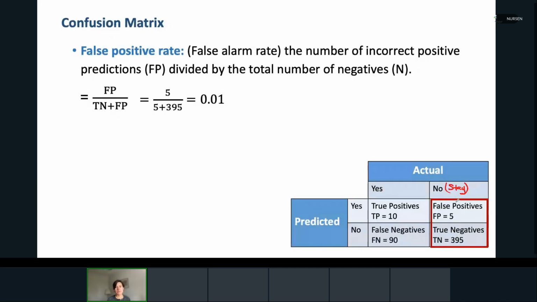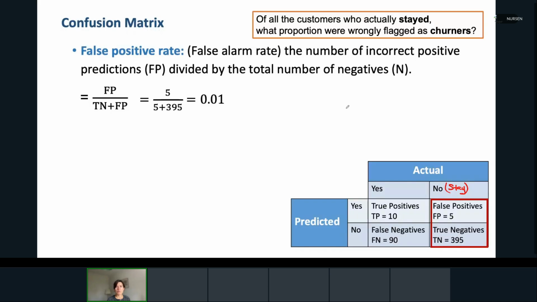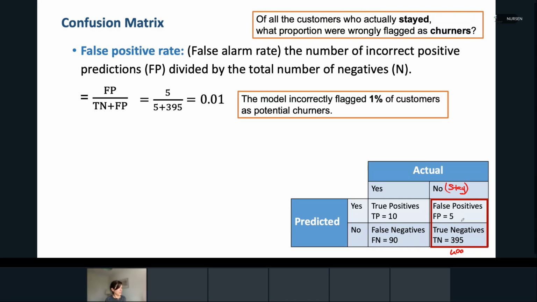So of all the customers who are going to stay, what proportion are wrongly identified as churners? Overall, we have 400 stay customers, and 5 of them identified incorrectly. So false positive rate is only 1%. And in terms of interpretation, the model incorrectly flagged 1% of customers as potential churners.